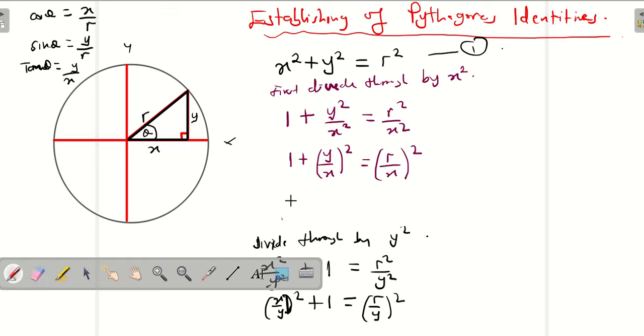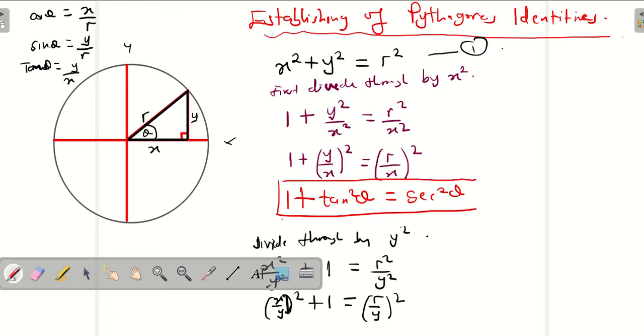So we were supposed to get 1 plus y over x, and y over x is tan theta, but because it is squared, it is tan squared theta. Then that should be equal to r over x. R over x is the reciprocal of cos theta, which is sec theta, but it is squared, so it's going to be sec squared theta. So that is going to be the correct identity for this.